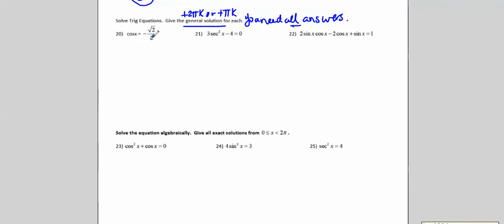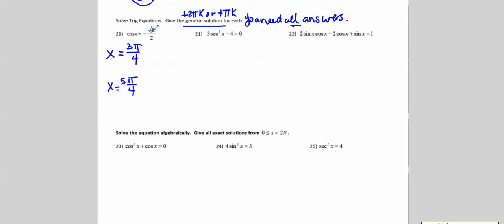So for cosine equals negative root 2 over 2, that happens in two places. That happens at 3 pi over 4, and it happens also at 5 pi over 4. But you want to represent the answers that you get when you go around the circle, a full circle from 3 pi over 4 or 5 pi over 4, or even going backwards a full circle.